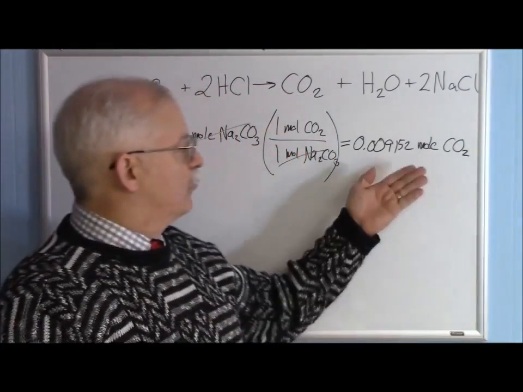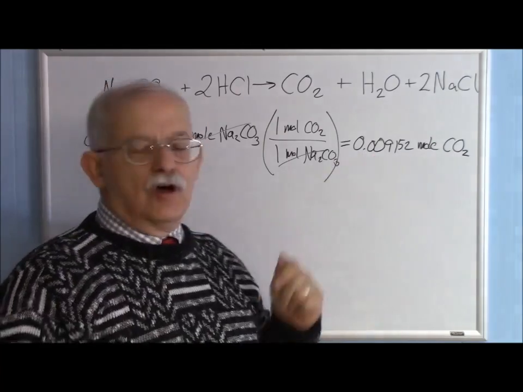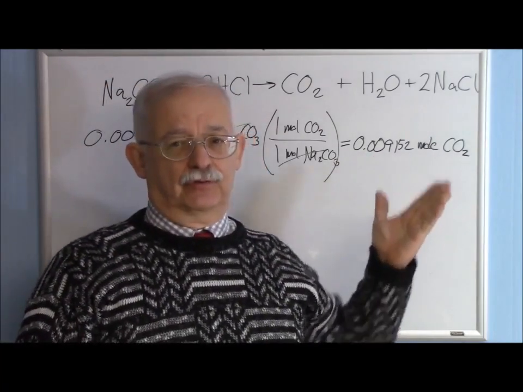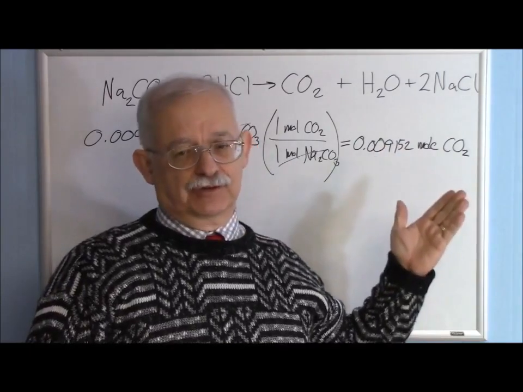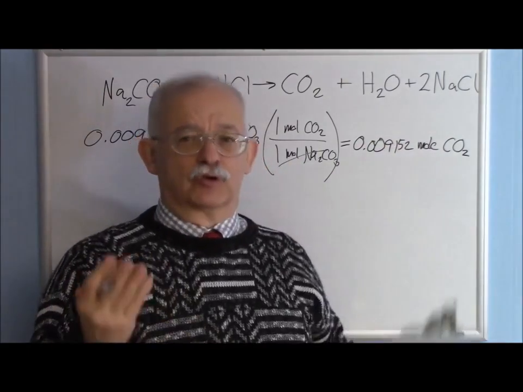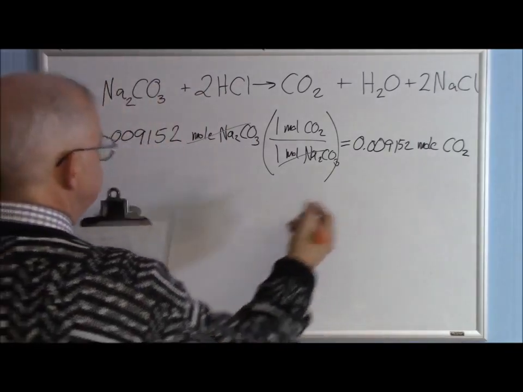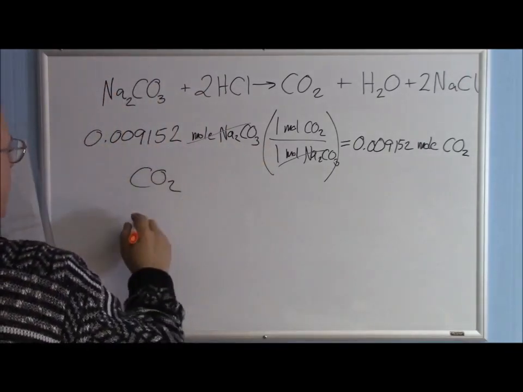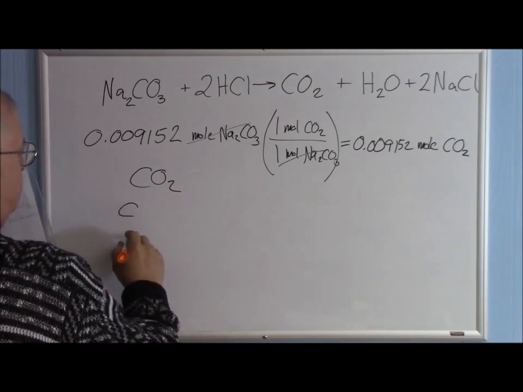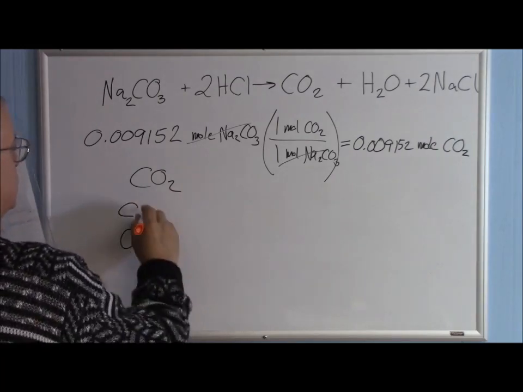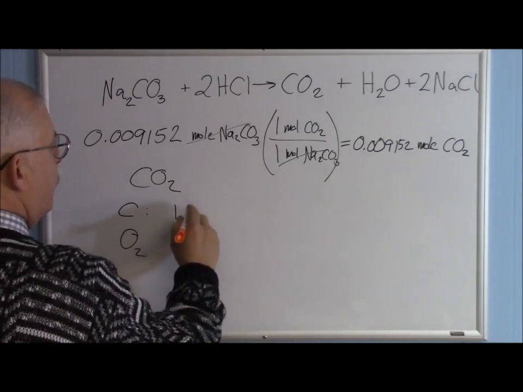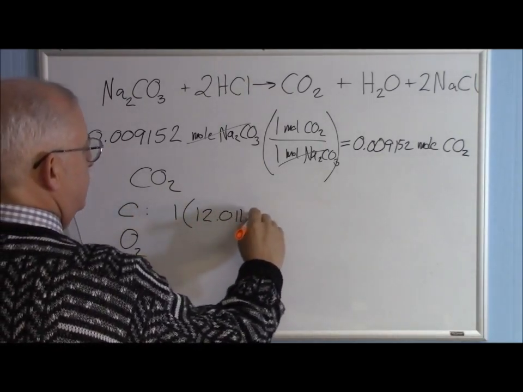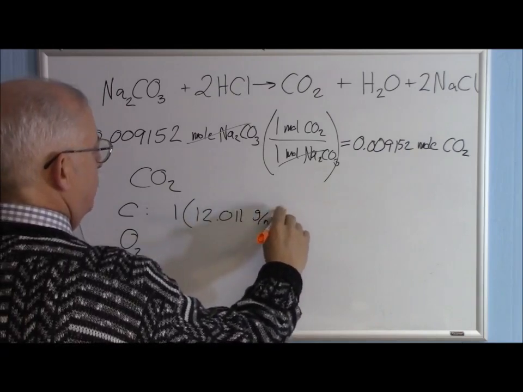But now we've got moles of CO2. For our theoretical yield, we would like that to be grams of CO2, so we'll have to make that conversion. But first we need the molar mass of CO2. So for CO2, we're going to have carbon and 2 oxygens. Carbon, we're going to have 1 atom times 12.011 grams per mole.